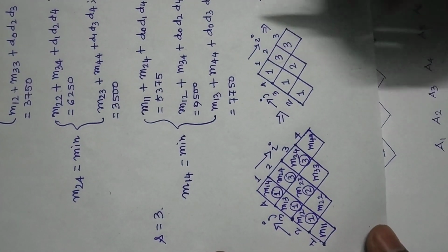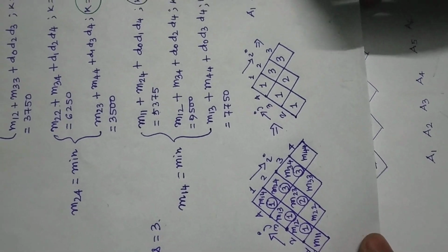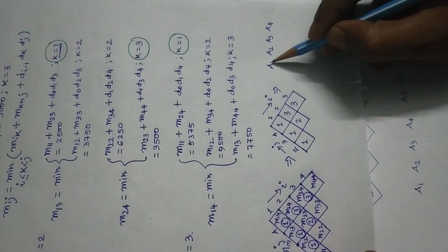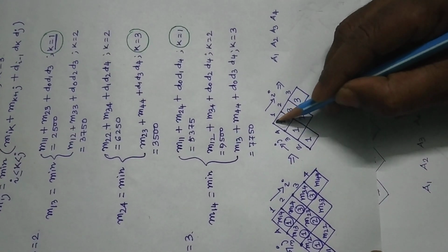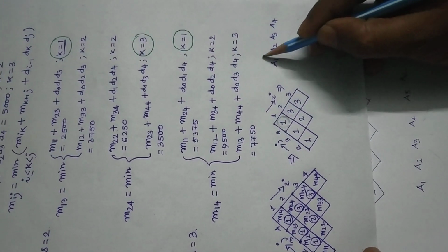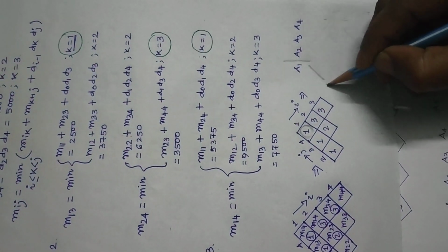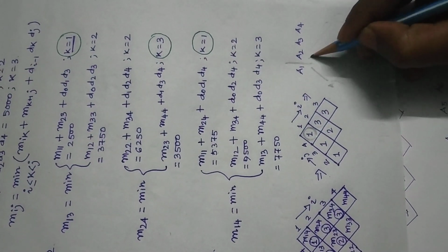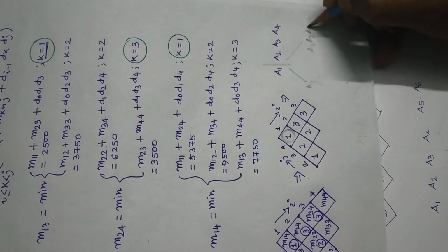Here you also have to multiply four matrices A1, A2, A3, A4. First go to entry 1,4. Here the value is 1, so make a partition after A1. So the left hand side becomes A1 and the right hand side becomes A2, A3, A4.